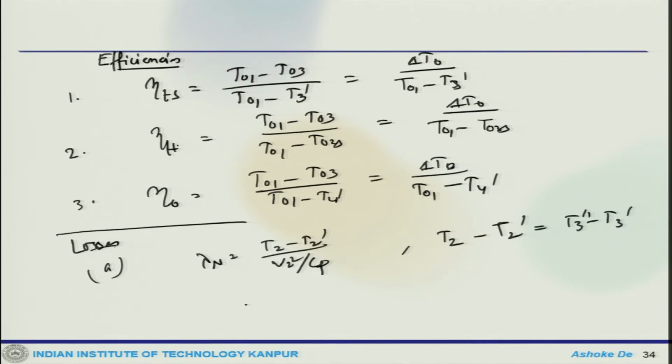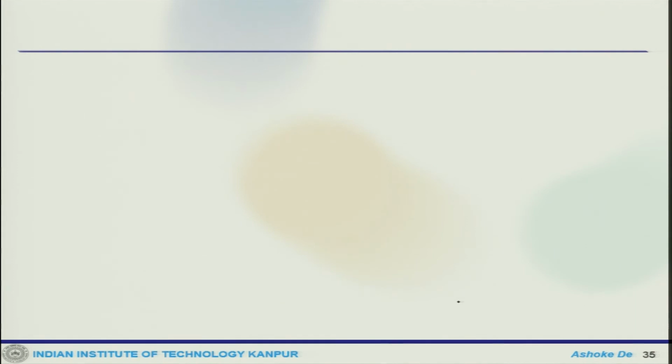So, we can replace that with T3 double prime minus T3 prime over V2 square by Cp times T2 prime by T3 prime. Now, the rotor loss coefficient could also be written as T3 minus T3 double prime over W3 square by Cp. So, this can be used.